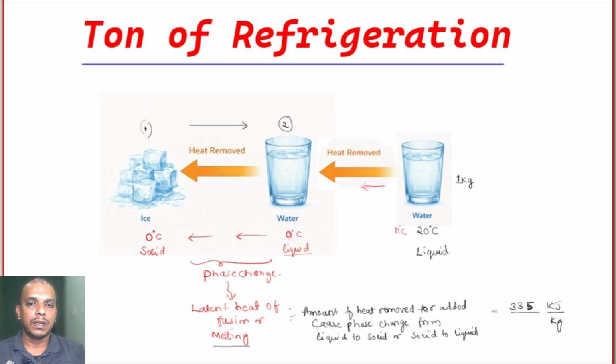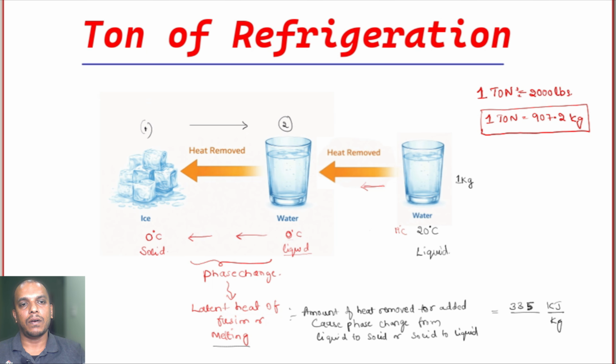Now, coming back to the definition of ton of refrigeration, the ton of refrigeration originates from the US ton. 1 ton, from their perspective, is 2000 pounds. But we are dealing in kgs here, so this converts to 907.2 kg.